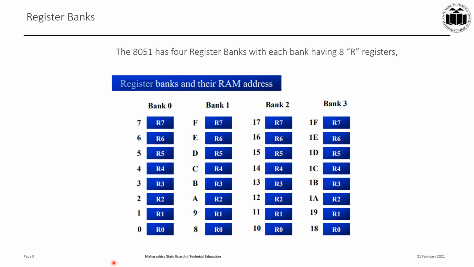The R0 register of bank 0 has the address 00 hex, whereas the R0 register of bank 1 has the address 08 hex. The R0 register of bank 2 has the address 10 hex, whereas the R0 register of bank 3 has the address 18 hex.